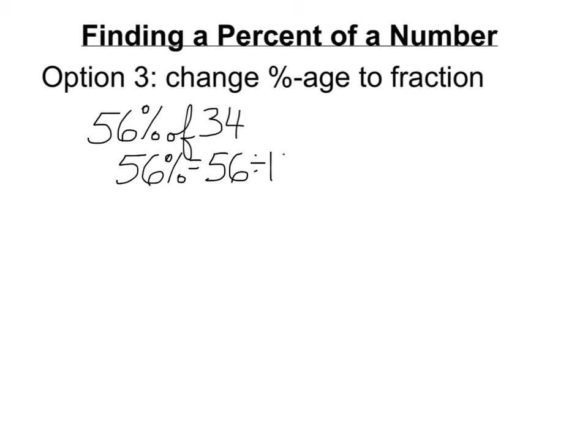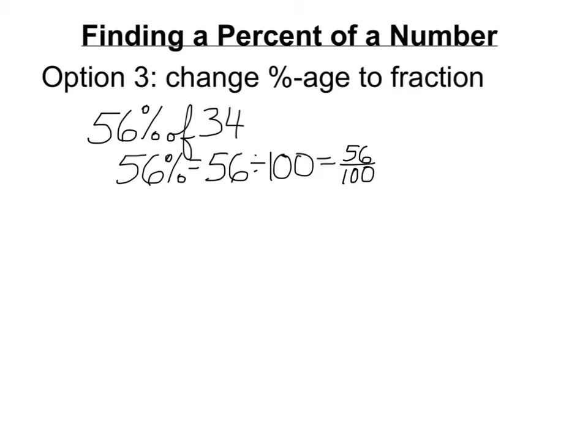Well, 56% means divide by 100. This time, to get a fraction, I'm going to take advantage of the fact that division means fractions. So I can take this and put 56 on top and 100 on bottom. Now I can reduce the fraction here, or I can wait till I'm at the end. It doesn't really matter. I'm going to go ahead and wait till the end to reduce.